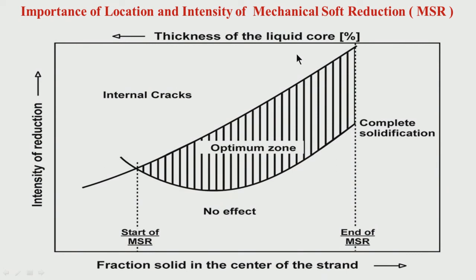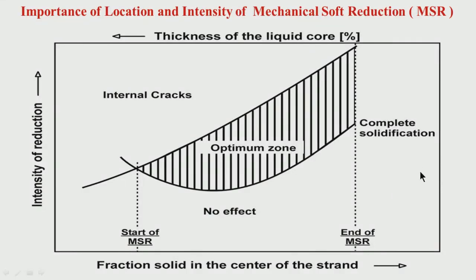So it is a combination of location and intensity which will impart the desired effect and give us a sound product where there is no central crack, the central segregation is not pronounced, and is rather distributed. So we have a relatively good quality cast where the central area is of desirable quality.